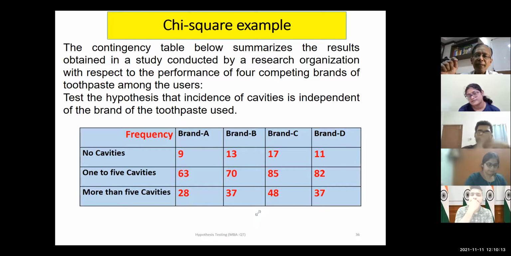So you are checking the incidence of cavities. To check the cavity using branded, good quality, costly toothpaste, will it make any impact? Okay. So I think Maheshwata was more correct than Samhita.